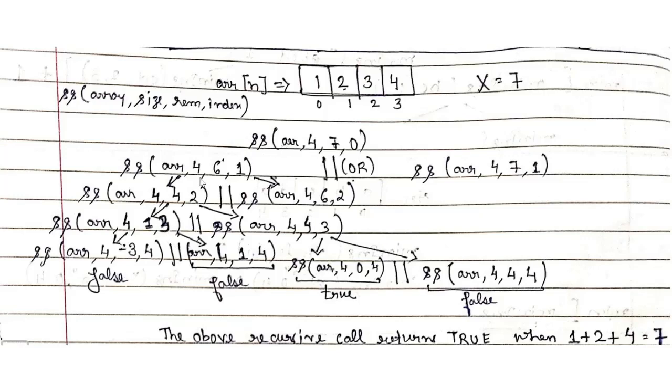I included 1 in this case. I did include 2 over here. I did include 3 as well, but I didn't include 4. This false is with the subset 1, 2, 3. And what about this subset? I included 1, I included 2, I didn't include 3, and I didn't include 4 as well. That's why I'm left with 4 over here. So this subset is 1, 2.